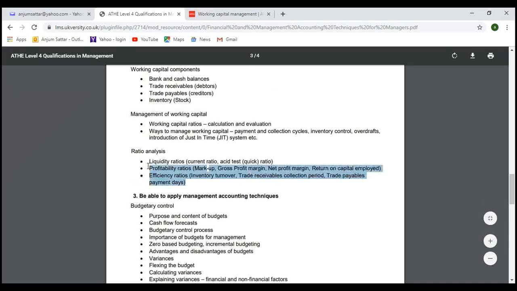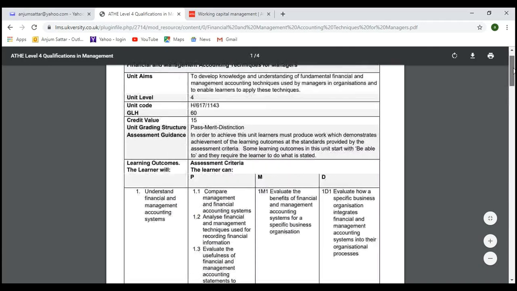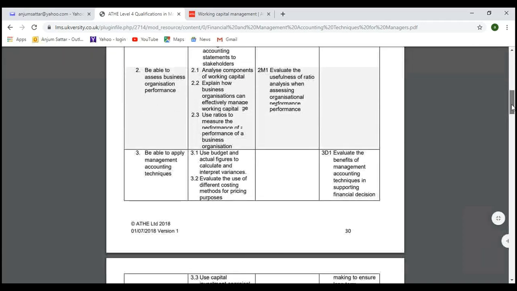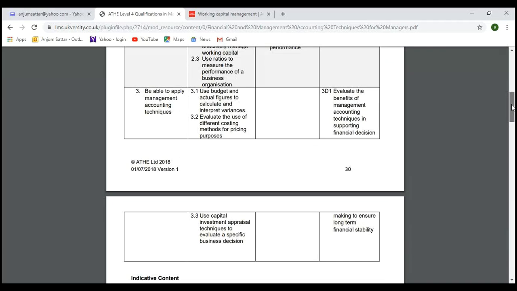We described ratios, profitability, and user ratios. So we are discussing LO2 and LO3 from the last lesson.